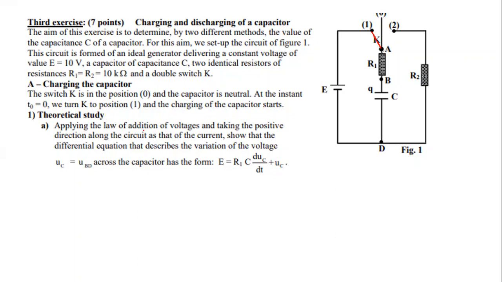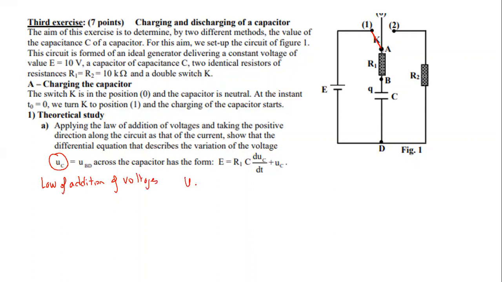Theoretical study: applying the law of addition of voltages and taking the positive direction in the circuit, show that the differential equation is of this form, in terms of UC. So we'll start with the law of addition of voltages.